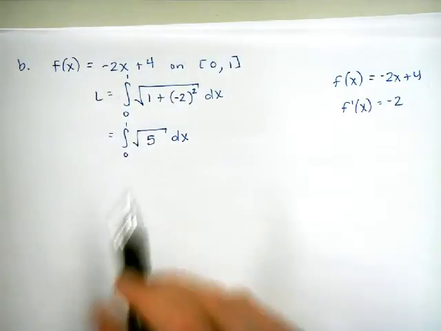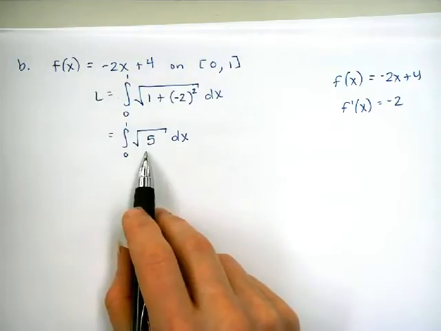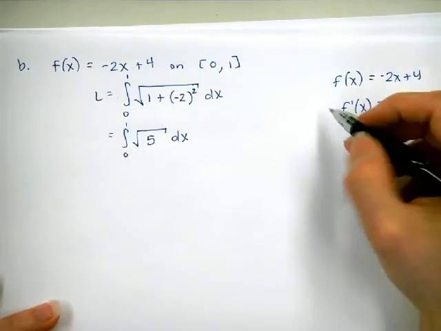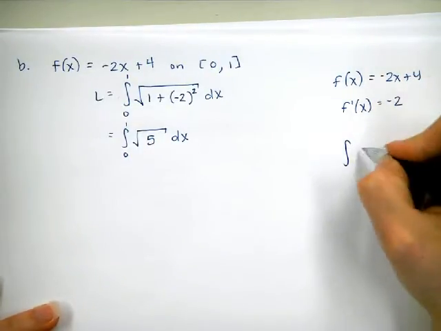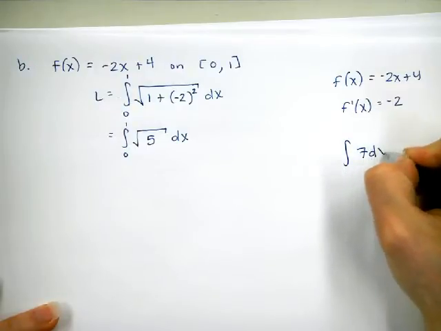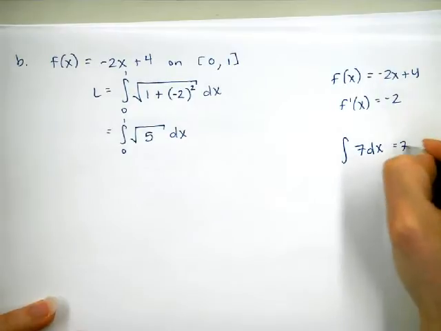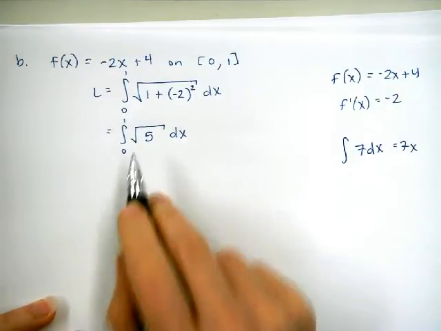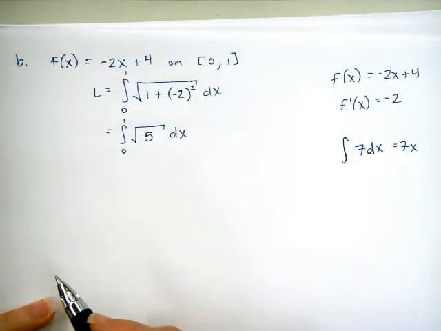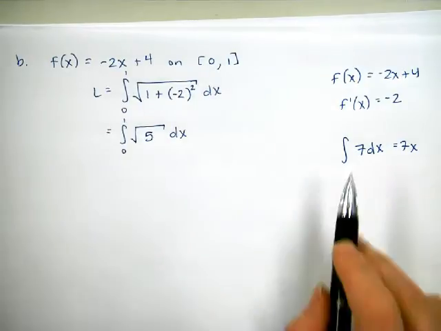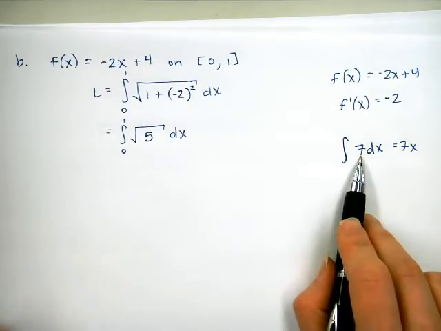Now we've got to think about what the antiderivative of that is. Okay, to kind of think about that, what would be the antiderivative of, like, 7 dx? 7x, right? The reason I'm doing that is some people get tripped up with the square root of 5 part. Just remember, square root of 5 is just a constant, right? Just like 7 is. The antiderivative of 7 is 7x.